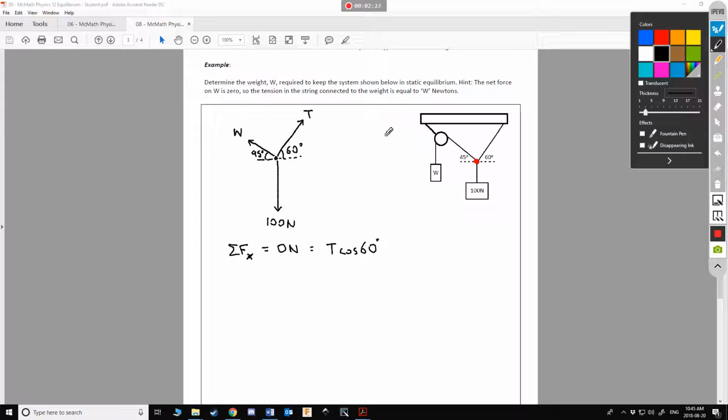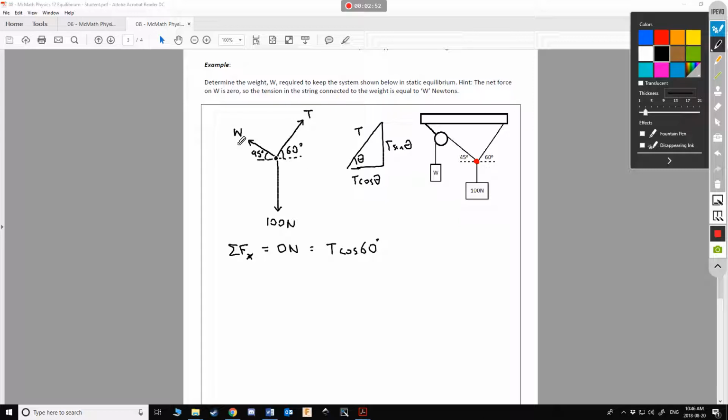We want to become very proficient at working with these triangles and seeing components. If this is T, this is going to be T cos theta, and this is going to be T sine theta, because this is the adjacent of the angle, and the other one is the opposite of the angle. So T cos 60 degrees.